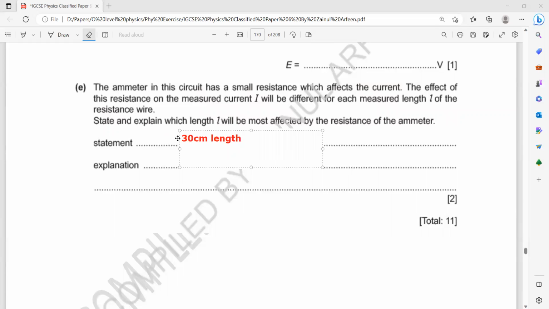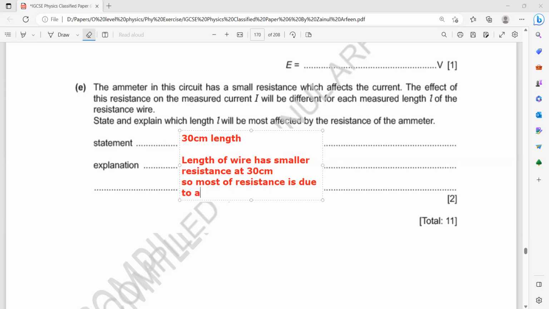The reason is that the length of wire has smaller resistance at 30 centimeter, so most of the resistance is due to the ammeter. The ammeter is contributing to a greater part of the resistance.